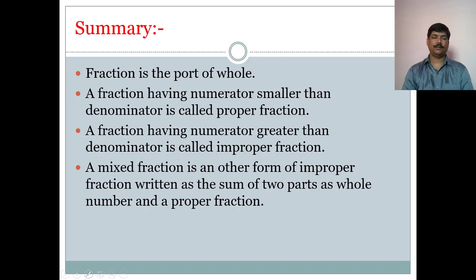Next, a fraction having a numerator greater than the denominator is called an improper fraction. And one thing more, a mixed fraction is another form of improper fraction, written as the sum of two parts: a whole number and a proper fraction.